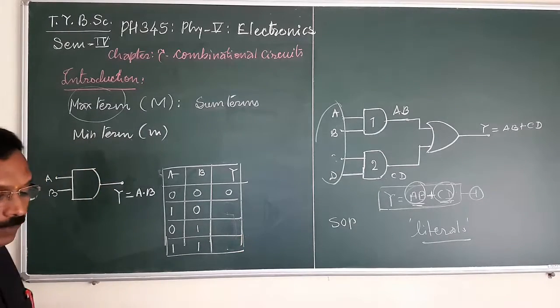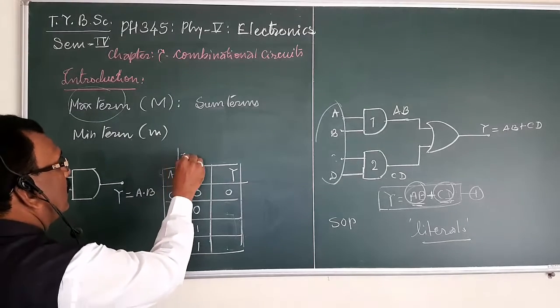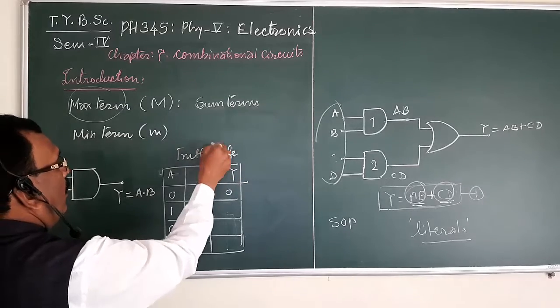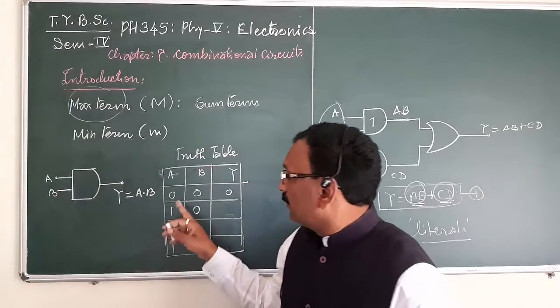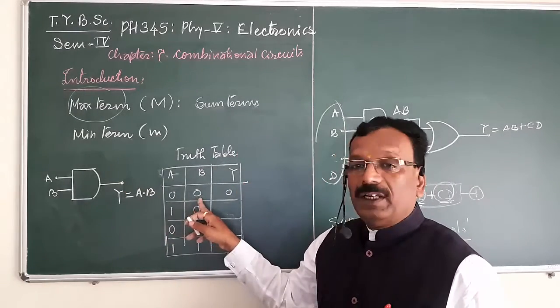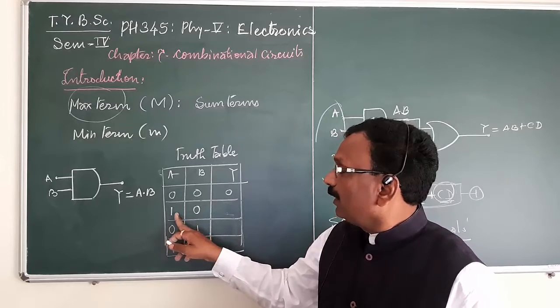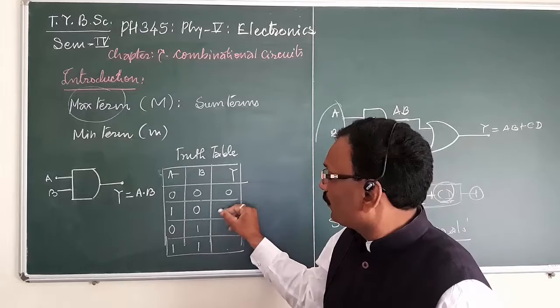So when we prepare the truth table for this AND gate, it is found that when input A and input B are logically low, the output is low. When input A is high and B is low, A into 0, output is low.